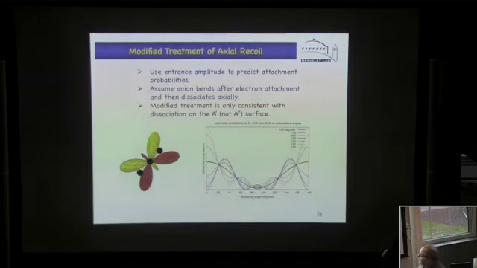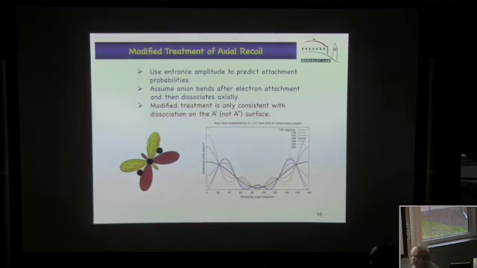All right. You can still use that axial recoil treatment if you assume that the molecule bends before it dissociates axially. Then you can convolute that bending motion with the attachment probability and plot out what the angular distributions would look like as a function of where this thing bends before it dissociates.